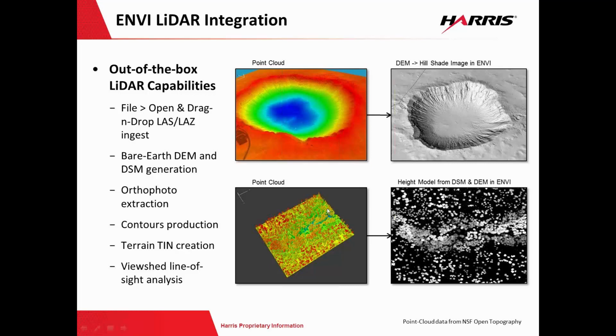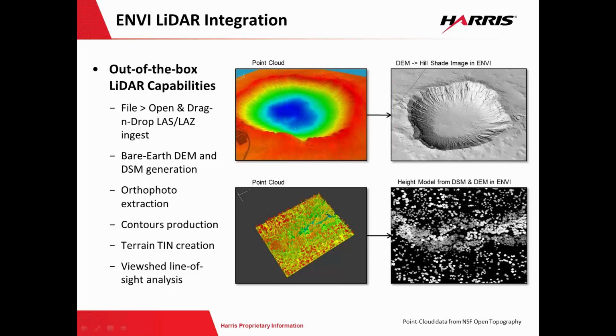And then this example below is an example of creating a height model. If I have a surface model and an elevation model, and I subtract the elevation model from the surface model, I then get an idea of what the height is of any features off of the bare earth surface. And I'm actually going to demo a quick example of how that might work in ENVI and ENVI LiDAR.